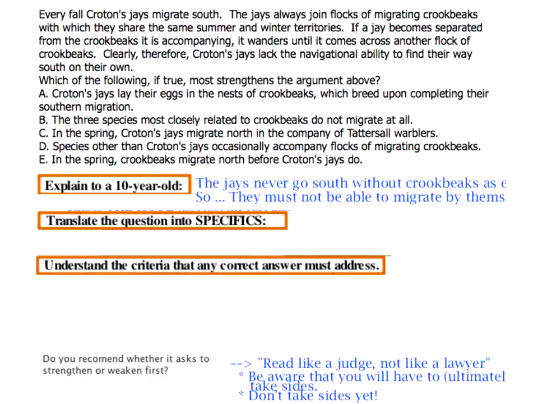Or maybe they draft on the crook beaks and don't have to face as much wind resistance. Who knows, right? There are a lot of other reasons why they might do this, but what we're saying is that they do it because they just cannot find their own way. So the argument is they cannot find their own way.